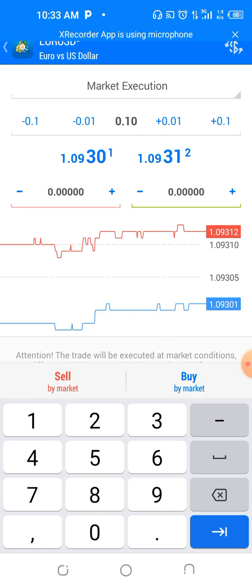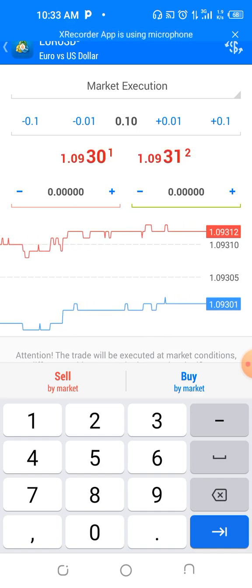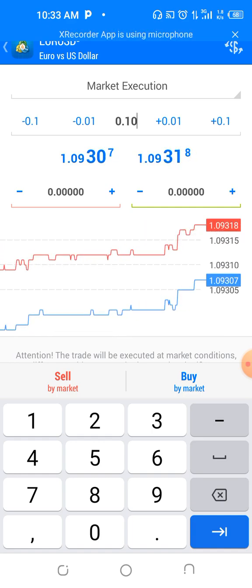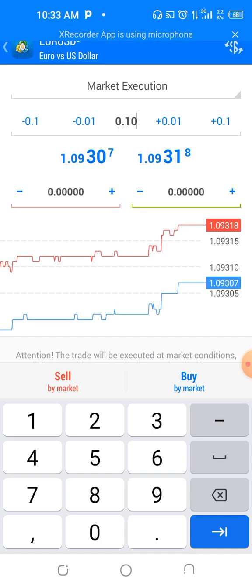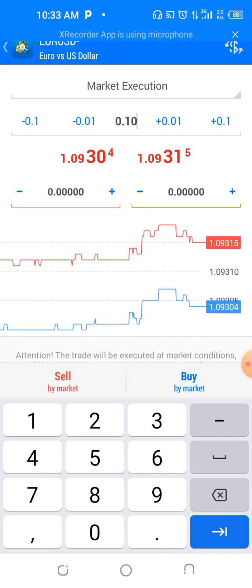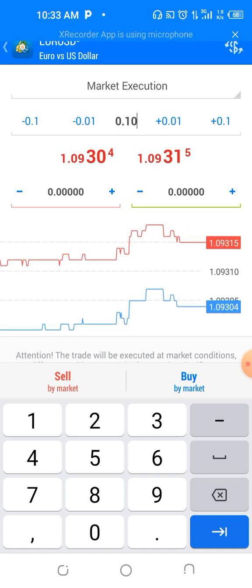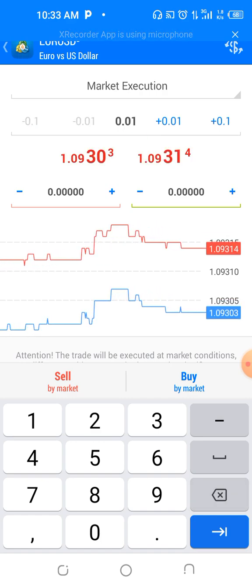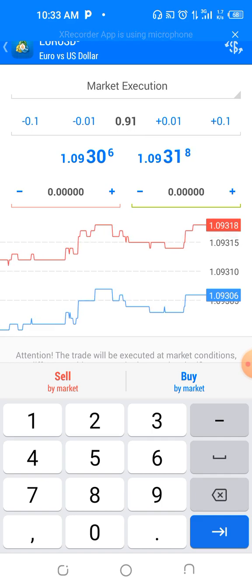So each pip movement takes or gives you $1. 10 pip movements will now give you or take from your account $10. If you're losing 10 pips, it means that you're losing $10. If you're getting 10 pips, it means that you're getting $10. Okay, so you can as well increase this to 0.99.